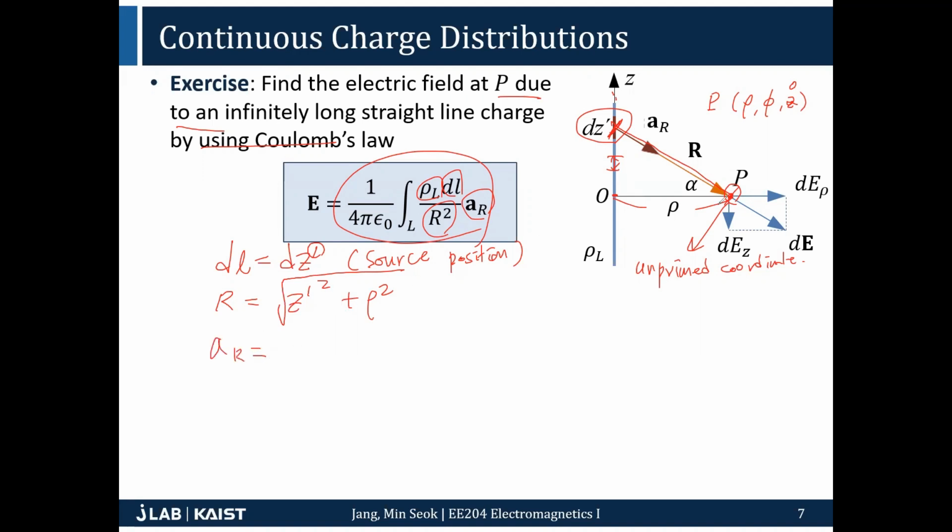And how about the unit vector a_R? It's more complicated, but you can obtain it because it points from the source position to the point of interest.